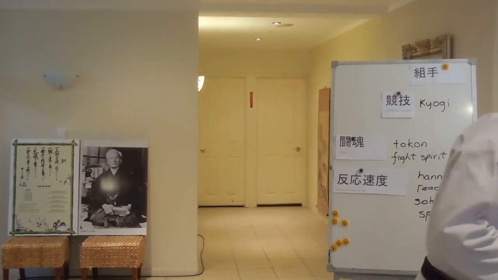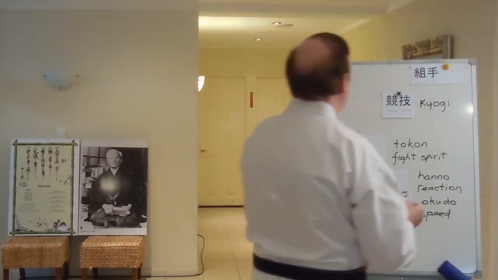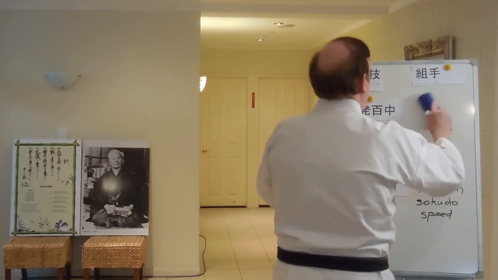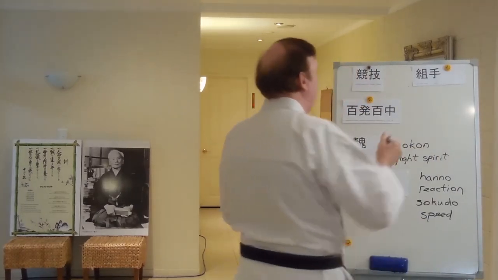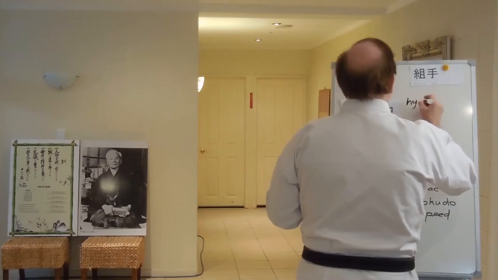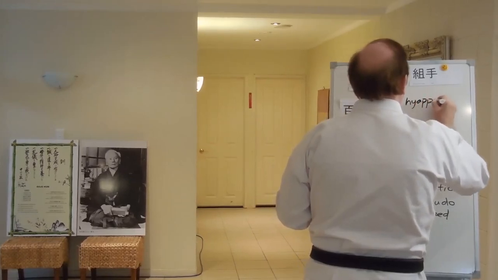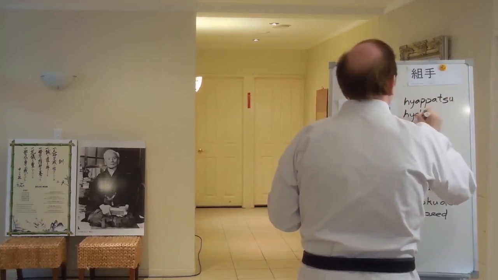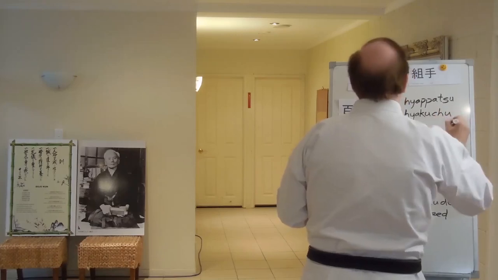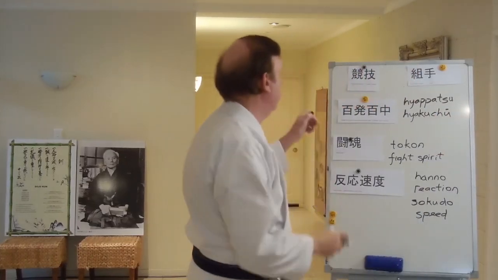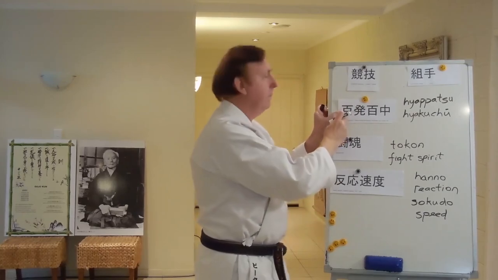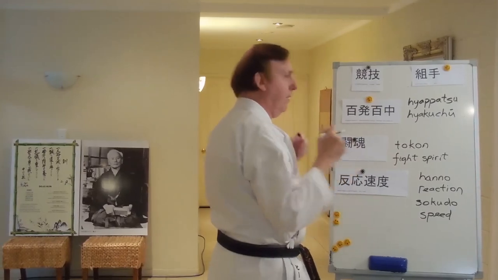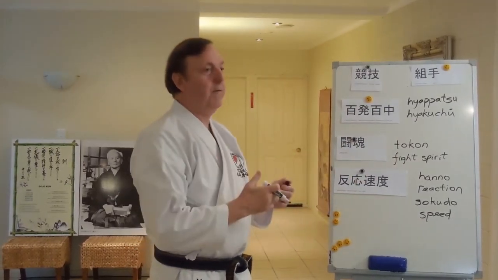Now, one term that probably is a little unusual, we'll put this one up here. And this one is only used in Japanese dojos, and this is called hyappatsu and hyakuchu. So basically the idea of this is, this kanji means 100, and so hyappatsu means hitting or discharging 100 things or 100 times.